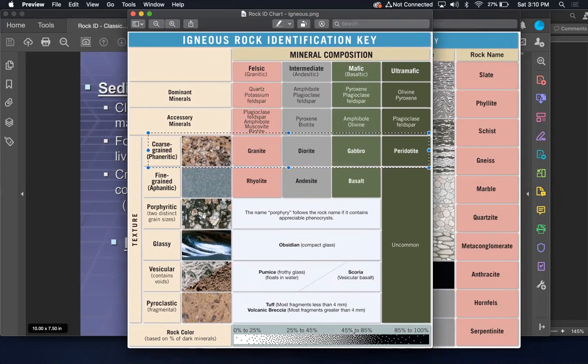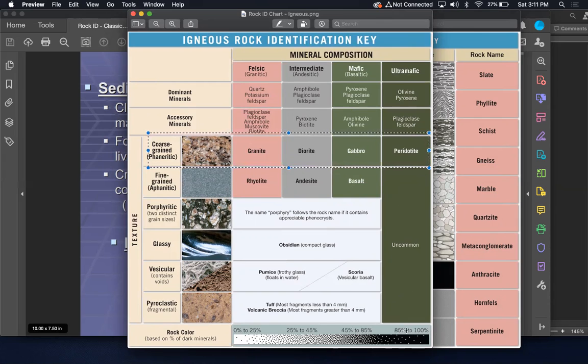The darker ones are to the right, and we said maybe 60% dark, so that falls in this 45 to 85 range. Now, if it's really, really dark, it actually starts to turn more of a green color because you get these really rare minerals in it that, because of where it was formed, make it have a greenish appearance.